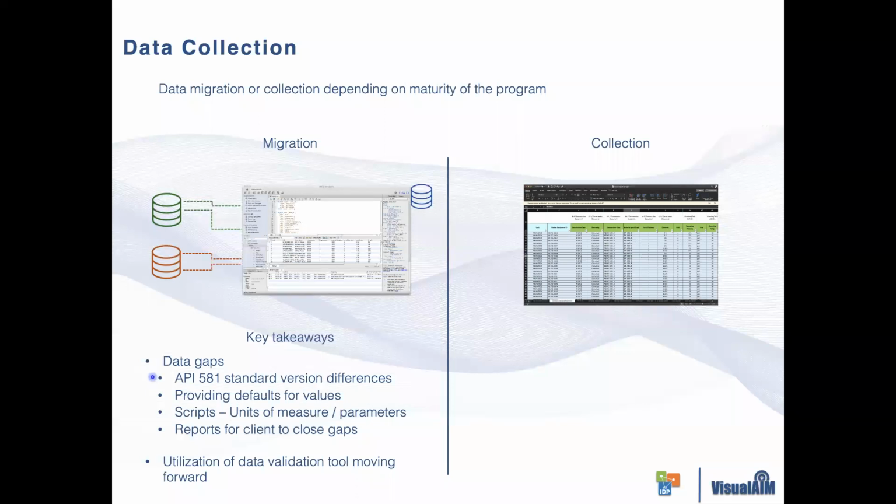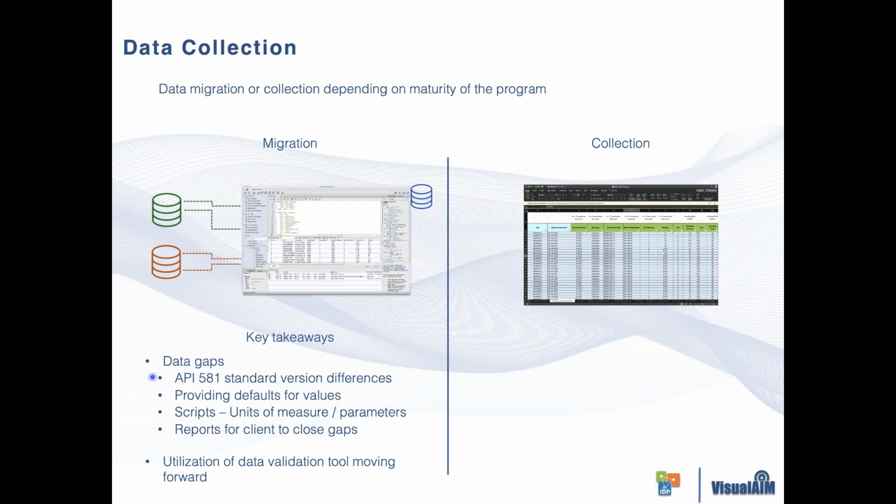Let's say, for example, the confidence data on the thinning damage factor calculation versus the updated version of the standard that we were utilizing in the software, where that was a data point requirement. So you would see a lot of data gaps occur in that sense. It's not that there was a data migration issue, it just was the fact that the standard was different.